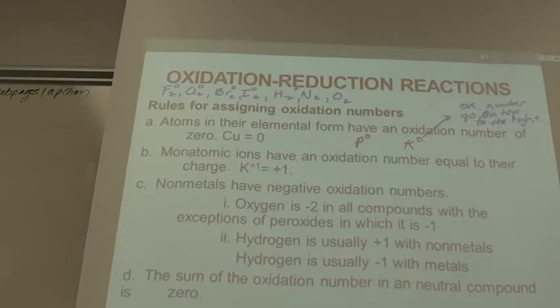When you have an atom and it has bonded to another one of itself, it has an oxidation number of 0. Why don't you write that down right by A? When they appear like this, F2, Cl2, Br2, I2, H2, N2, O2, their oxidation number is 0.